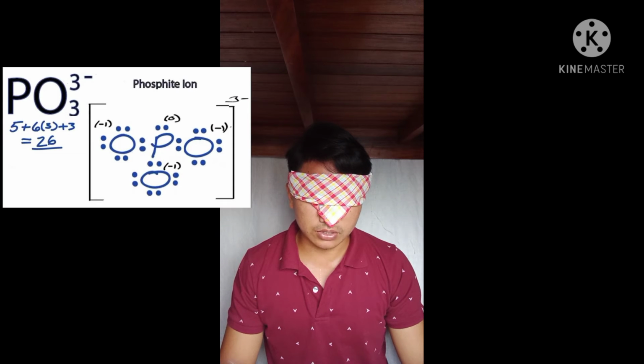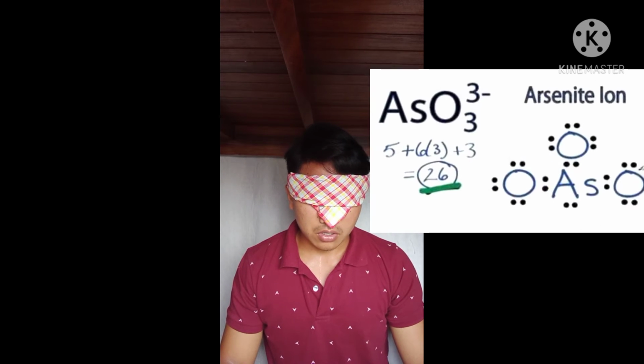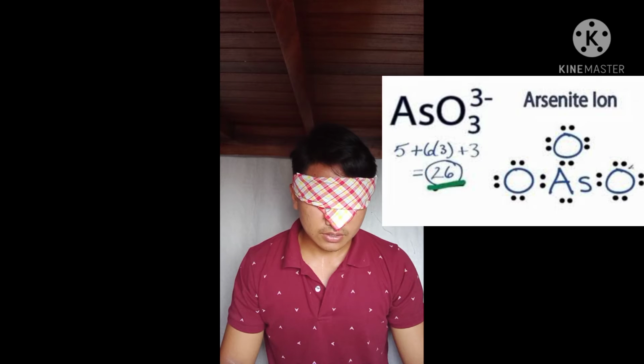PO4 minus 3 is 1 phosphorus, 4 oxygen is phosphate. PO3 minus 3 is 1 phosphorus, 3 oxygen is phosphite. S2O3 minus 2 is 2 sulfur, 3 oxygen is thiosulfate. AsO4 minus 3 is 1 arsenic, 4 oxygen is arsenate.